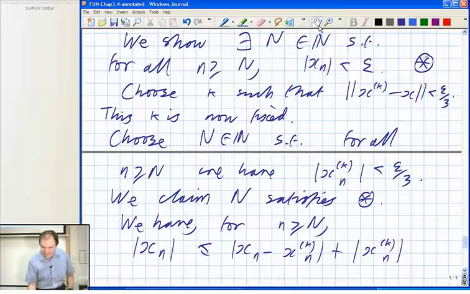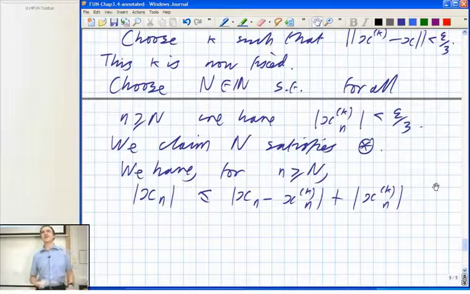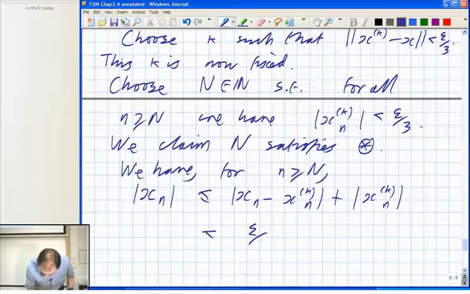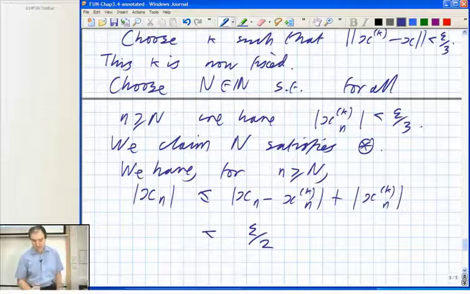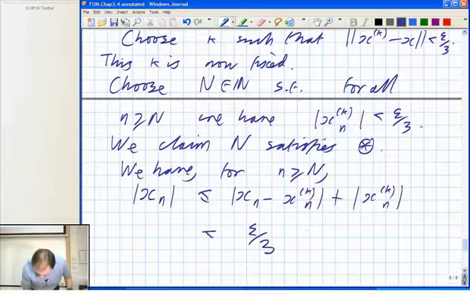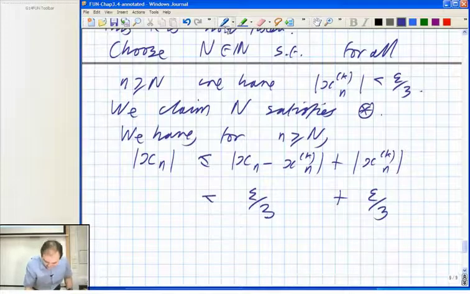And it looks like I've really overdone it. I could have done epsilon over 2. Who cares? I'm going to have room to spare. That's less than epsilon over 3, because the uniform norm is less than epsilon over 3, in fact. So I can have epsilon over 3 there, plus epsilon over 3 there. And I could have used epsilon over 2, but it's definitely less than epsilon.